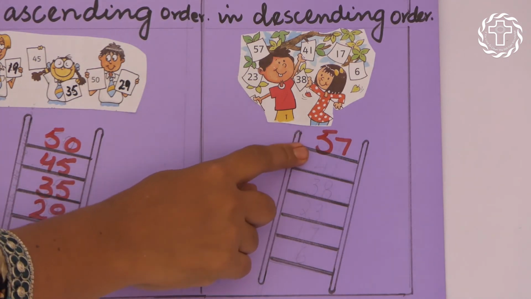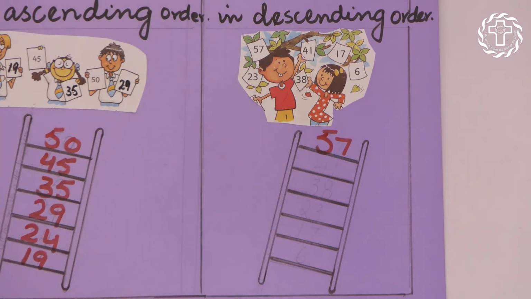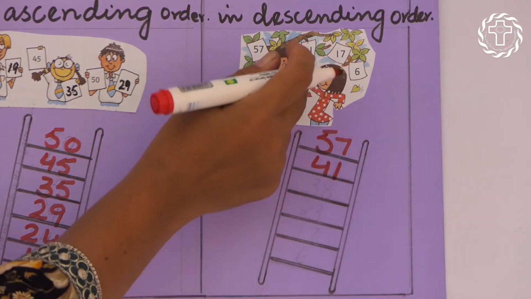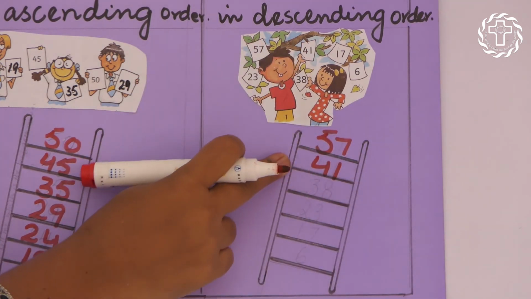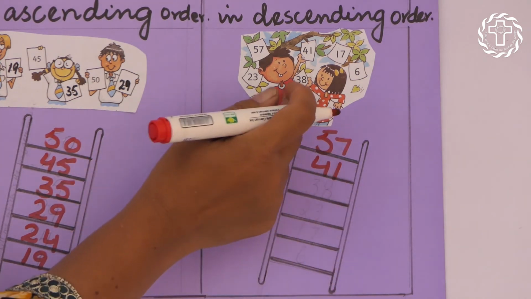Which is the smallest number from 57? 41. Which is the smallest number from 41? 38.